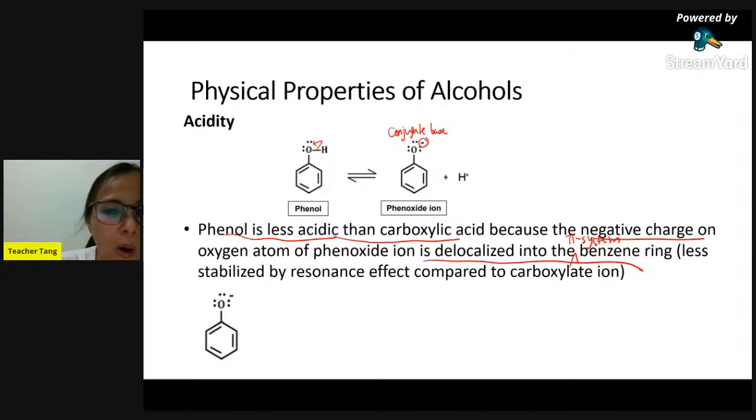So shall we look at how the negative charge on the oxygen atom delocalizes into the pi system of the benzene ring? Basically the negative charge here, this electron moves in to form the double bond, and then this pi electron moves to the side.